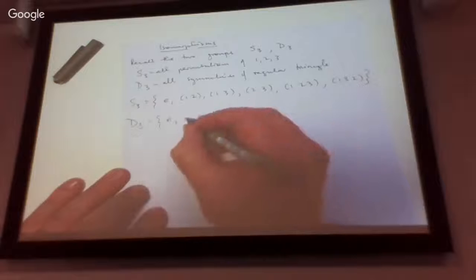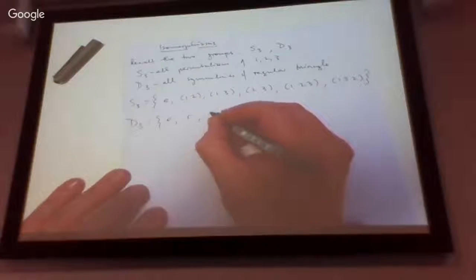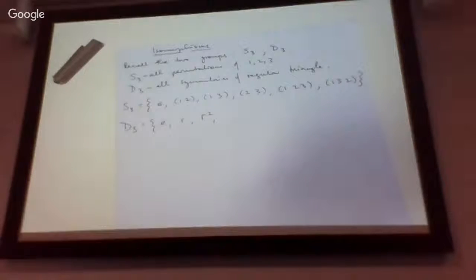It was the identity, and there was the basic rotation R, rotating by 1/3 of a full turn anti-clockwise, and R squared, which would be rotating by 2/3 of a full turn anti-clockwise.